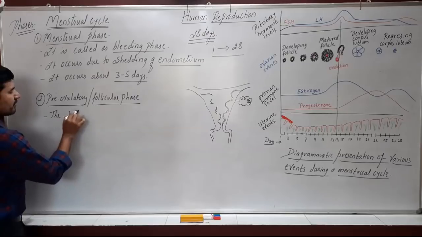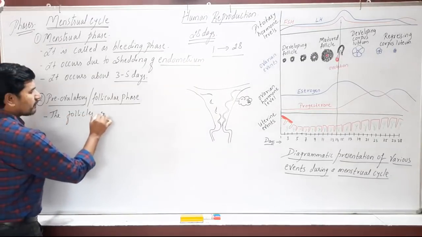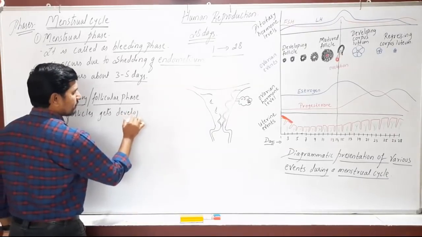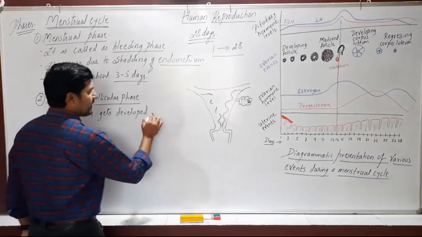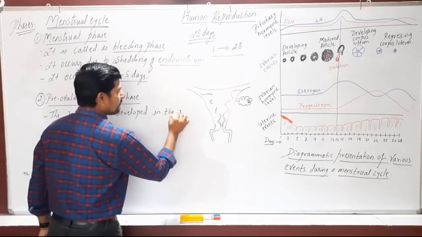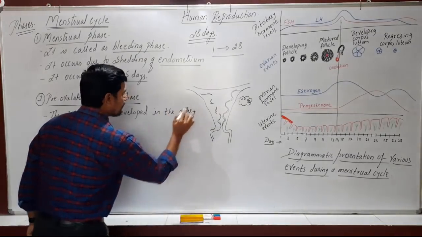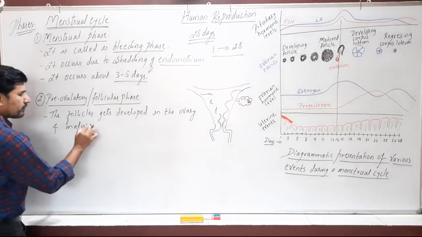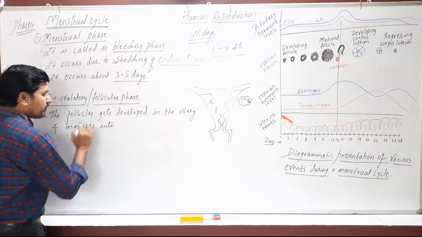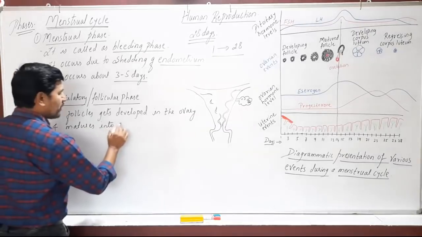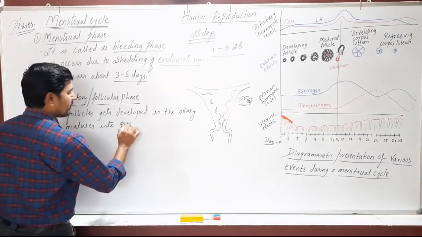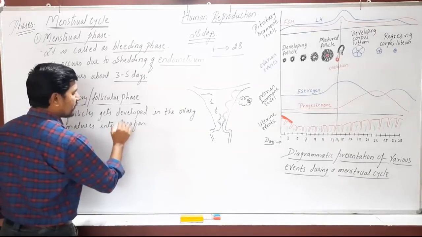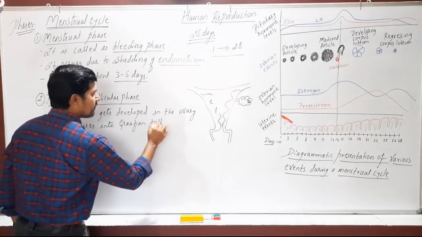The follicles get developed in the ovary and mature into the graafian follicle.